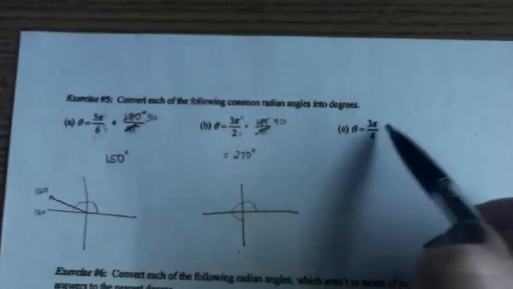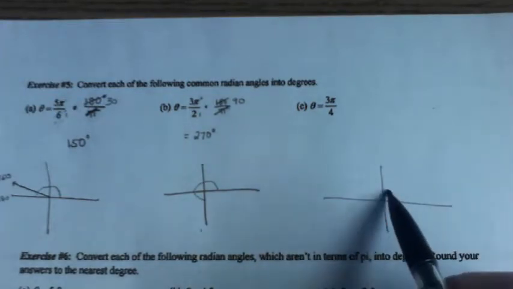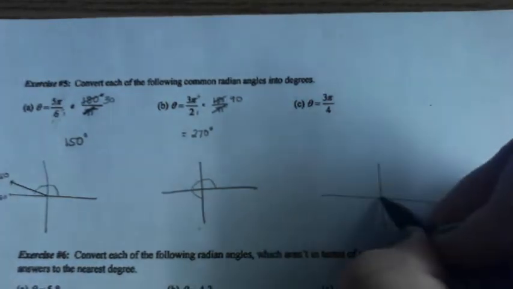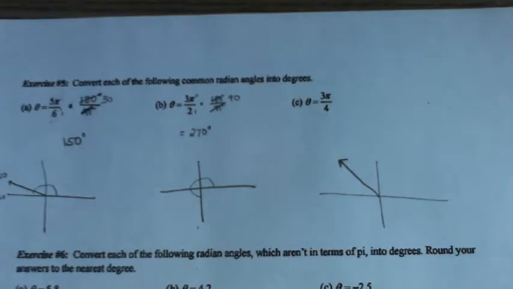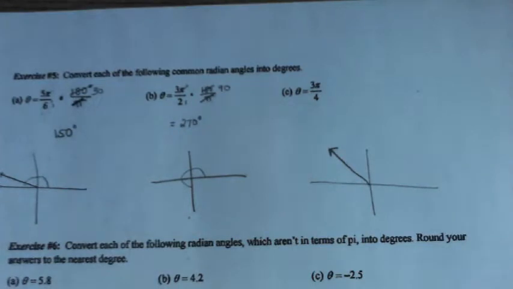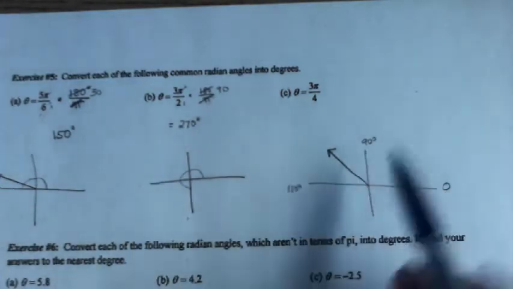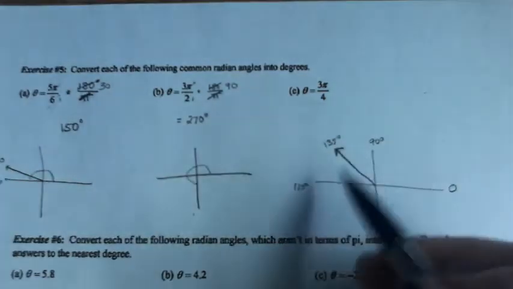And now this is 3/4 of pi. So before we actually do it, here's 1 full pi, right? We want to go 3/4 of the way there, which is going to be perfectly halfway through the second quadrant. Yes? What angle in degrees would you guess that is before we do the conversion the long way? If this is 0 degrees, this is 90 degrees, and that's 180 degrees, what's perfectly halfway between 90 and 180? 135 would be perfectly halfway in between.